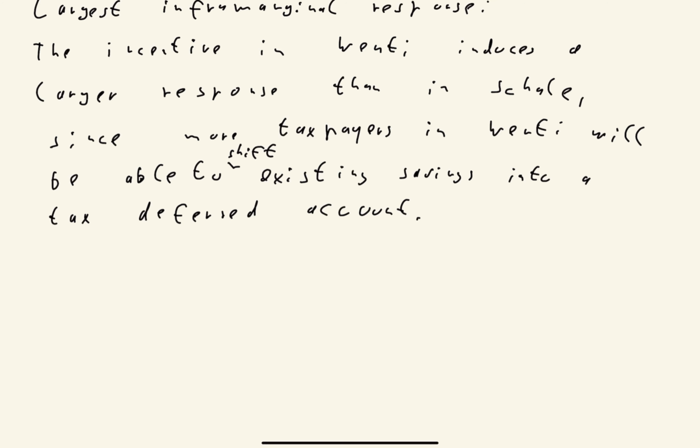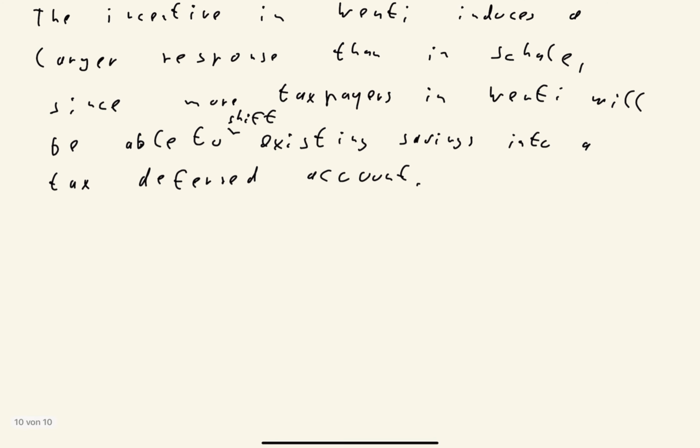More people in Venti, with a higher likelihood, are in the $2,000 to $4,000 bracket than people in the $5,000 to $7,000 bracket, and hence more people will respond to this $2,000 increase. And then the final part was about the costs of the government.